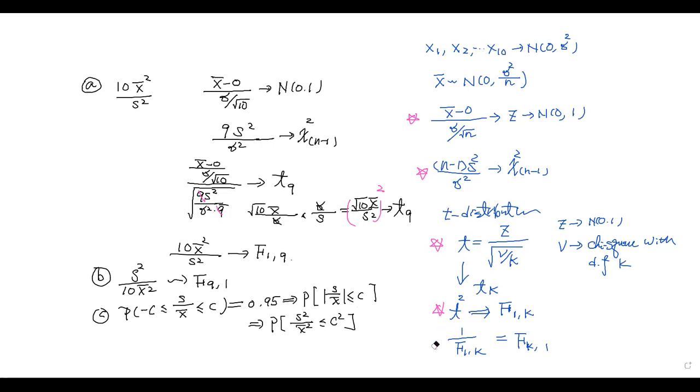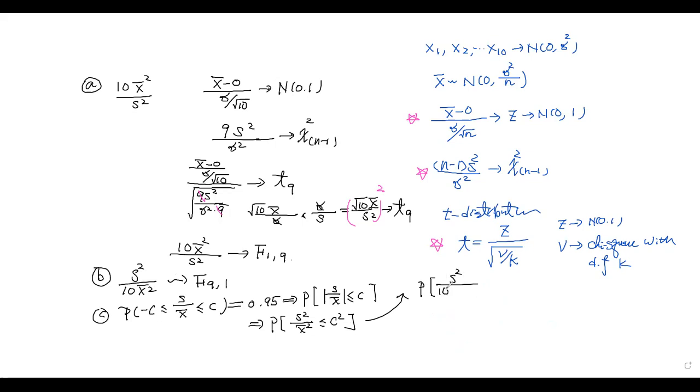Let me get rid of some of this so I can have space to write. Now, we know from part A that S squared over 10 x bar squared is F distributed. So what I can do here is multiply by 1 over 10 on both sides.